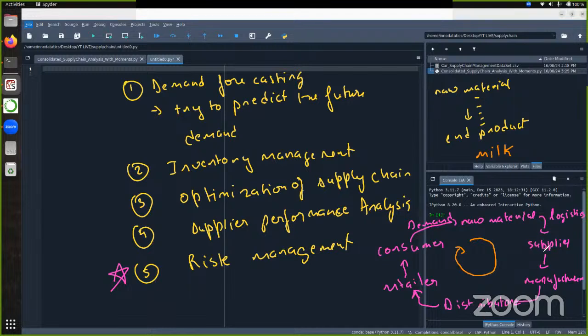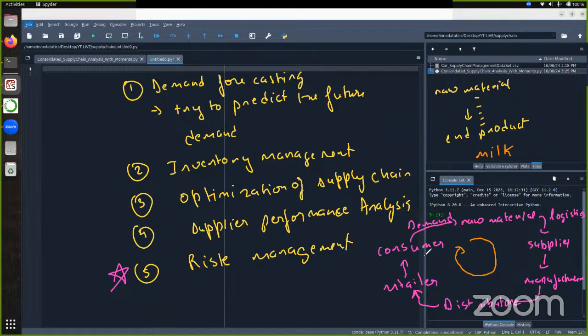Maybe you go to the supplier, no issues in supplier. But in the manufacturer part, there is some issue with the farms or with the manufacturing plants. Again, you have a disruption in the entire process, right? Or there is some issue with the retailer or the distributor, or even that the consumer is not happy with the product, again, some kind of risk is involved.